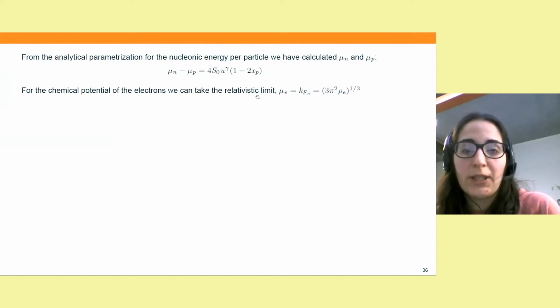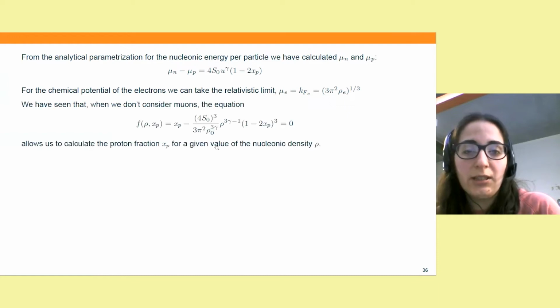And this has to be equal to this value here, as we did the other day, and we define this function in terms of the density and the proton fraction that we had to solve, setting it equal to 0 in order to calculate the proton fraction for each value of the density.